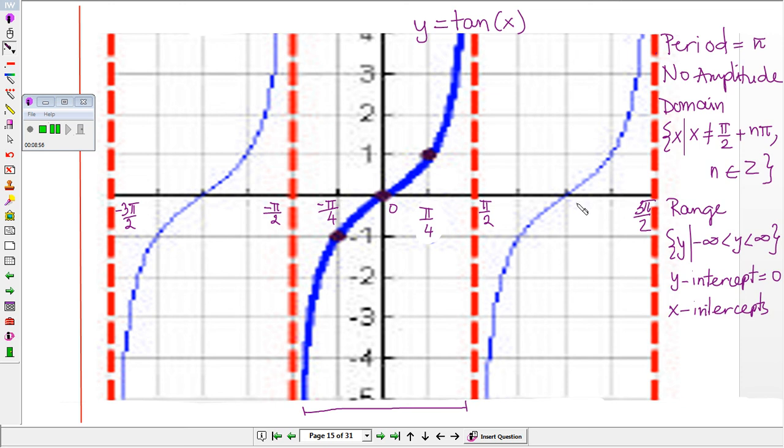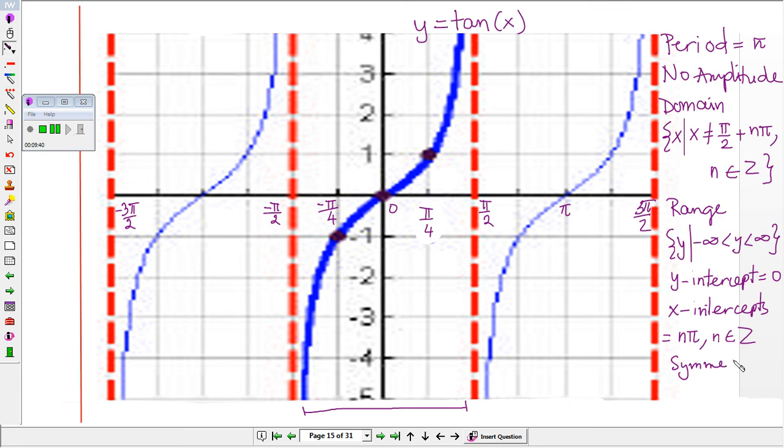The next one is x equals pi. So it means my x-intercepts will be multiples of pi, equal to n times pi, where n is an element of the set of integers.